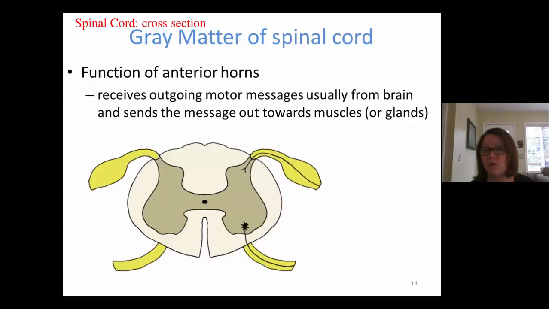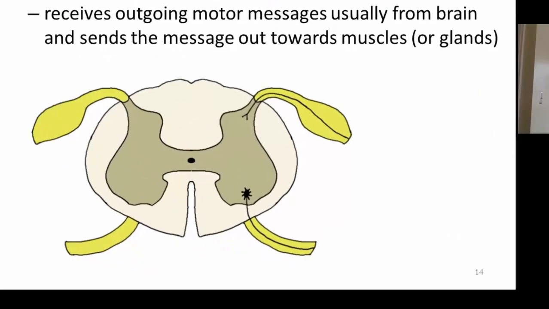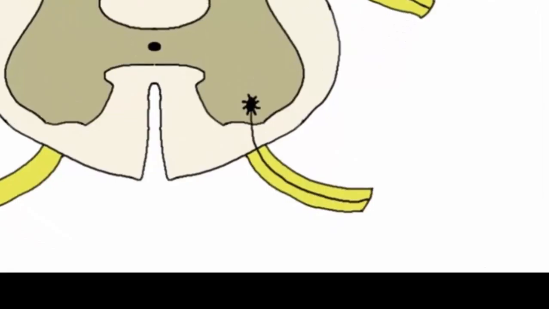The anterior horns function in sending outgoing motor messages. If you look in the picture here, and if you look at the anterior horn, you notice that we don't see the end of an axon. What we see is the cell body of a motor neuron. And the cell body of the motor neuron is going to send a signal out through this route towards a muscle or a gland. Right?